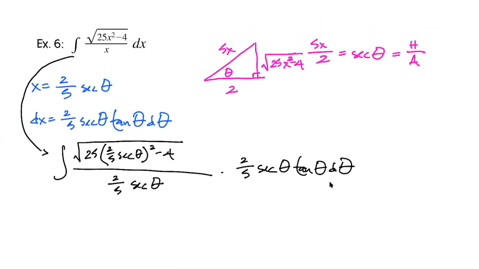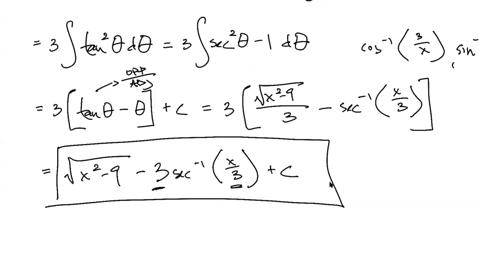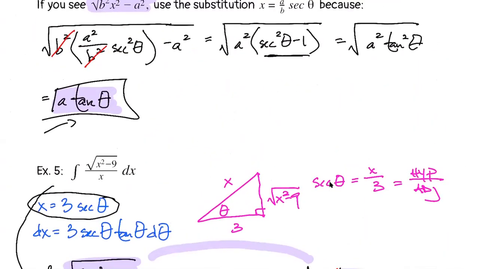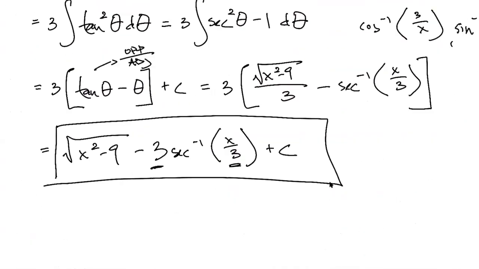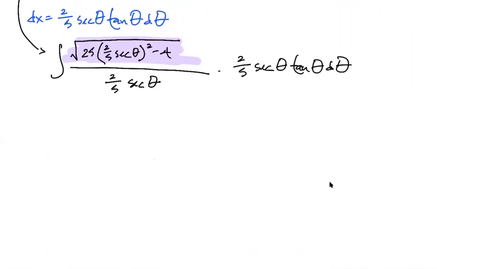Now again, this top part here is underneath a square root, so I know it's going to simplify to a over b, or a tangent theta, okay? So I don't need to do the algebra there. I know that it's going to simplify. So what do we get here?